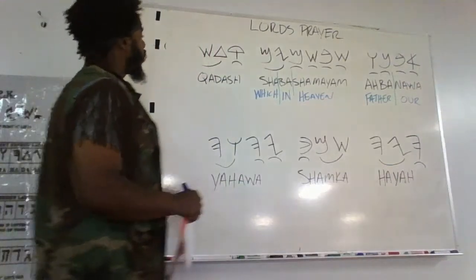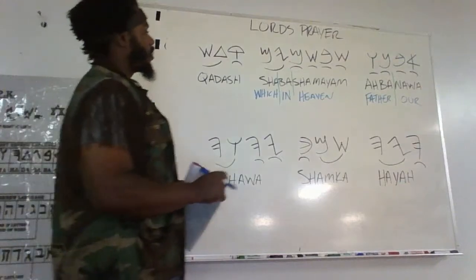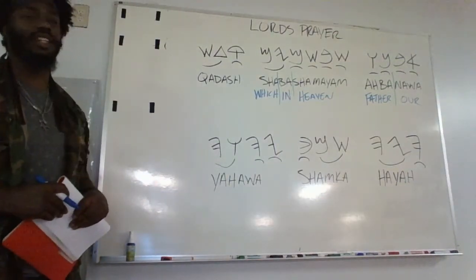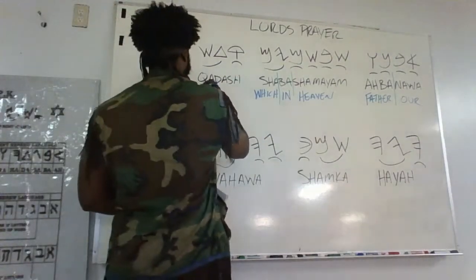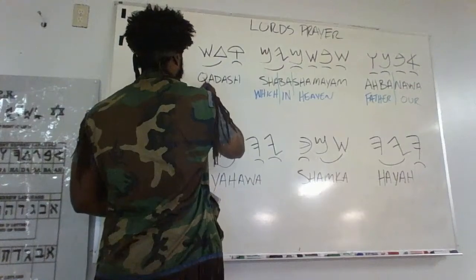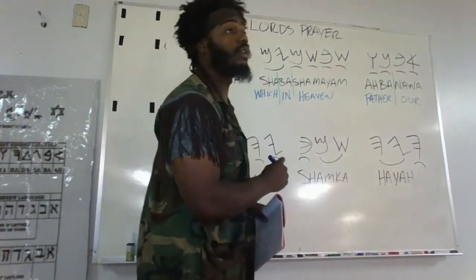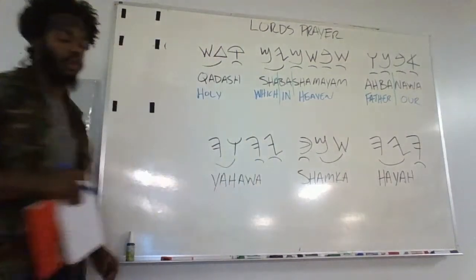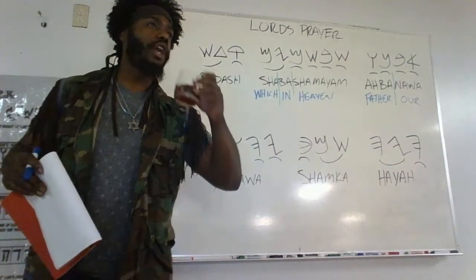We have Qadash. Does anybody know what the word Qadash means? We are in the Lashawan Qadash class. Holy. What's another word for holy? What's another H word for holy? How else would you say holy ground?